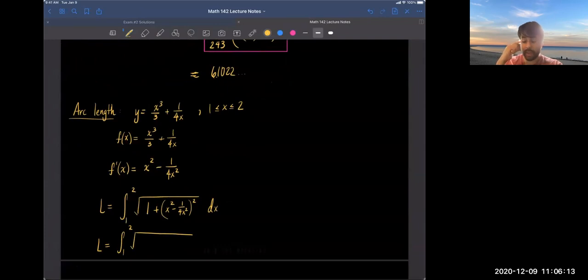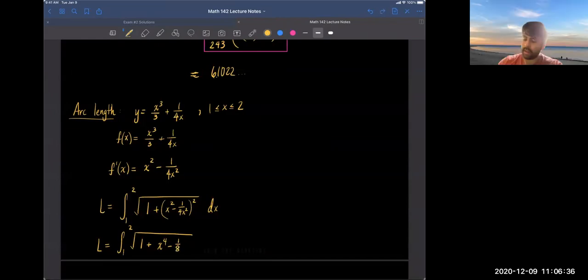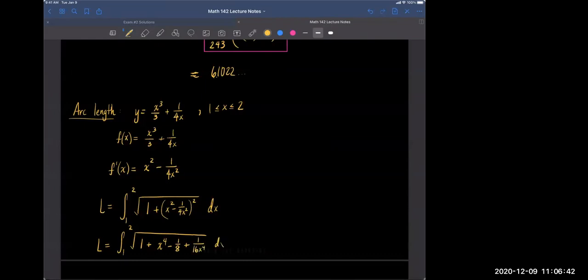And so what do I get when I expand it? I get x to the fourth minus, what do I get? Minus a half? No, minus an eighth. Minus an eighth plus 1 over 16x to the fourth dx.